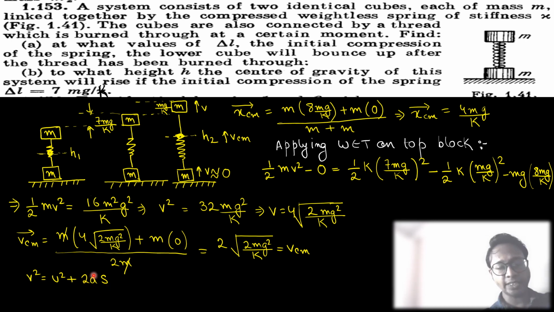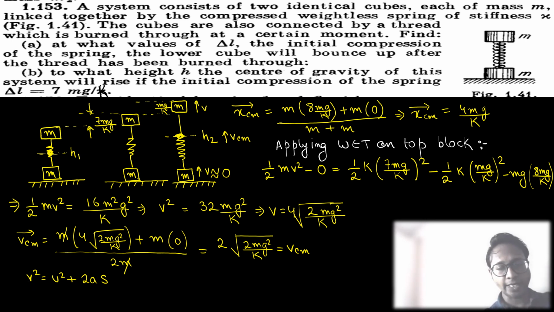Mass into acceleration is nothing but force, s is displacement, and force into displacement is nothing but work done. If you take half m u square to the left hand side, it becomes change in kinetic energy is equal to work done by all the forces. So I already told you v square is equal to u square plus 2as is another form of the work energy theorem. So I'm applying the work energy theorem on the center of mass.